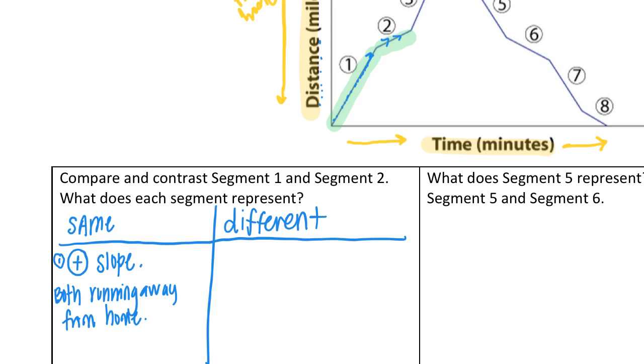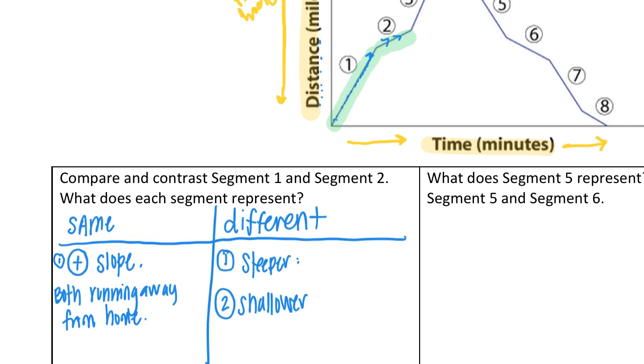While they both have a positive slope, you might notice that one is shallower than the other. So segment 1 is steeper. Segment 2 is shallower.